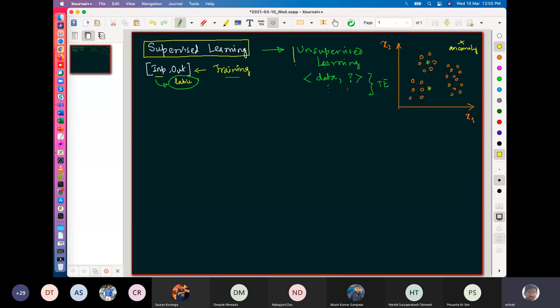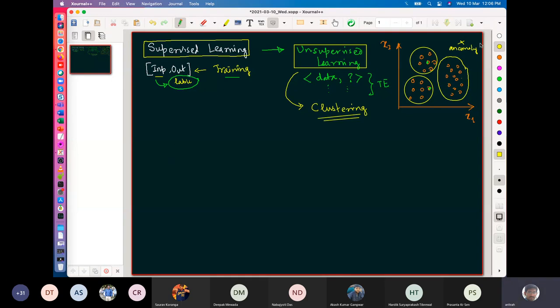This setup is also called clustering in data mining terms, because ultimately what we need is to group these data sets together and try to find clusters from those data sets so that they separate out. That is the overall goal that we want to achieve.